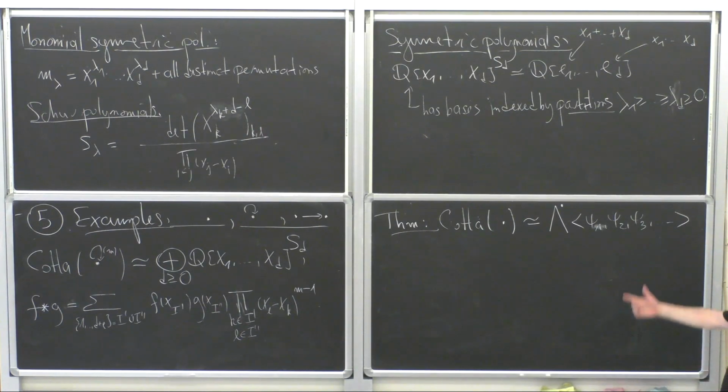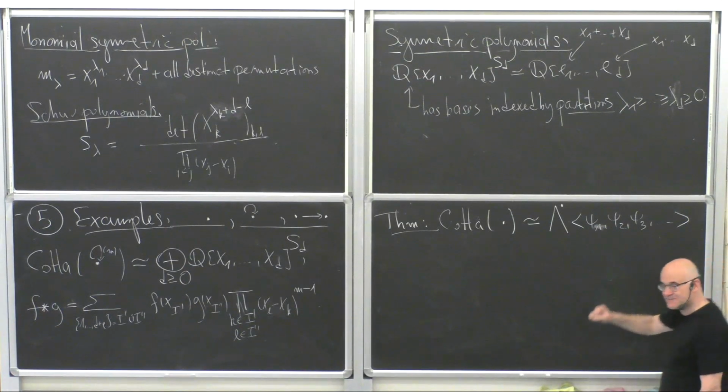These are the generators, and the defining relations are that all anti-commutators are 0. In particular, all squares of these are 0. Okay, so that's what we want to prove.